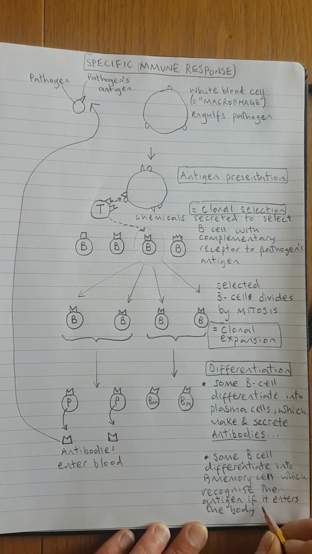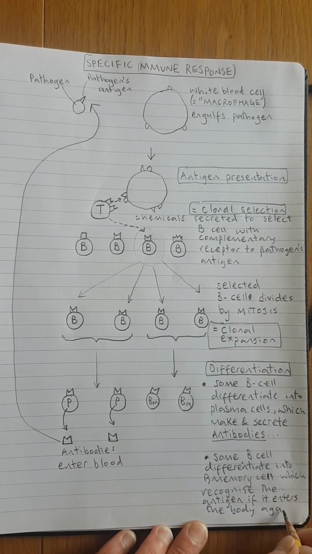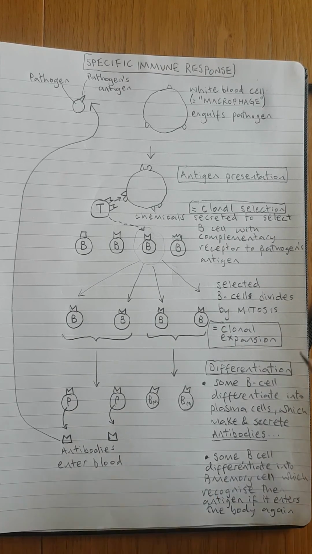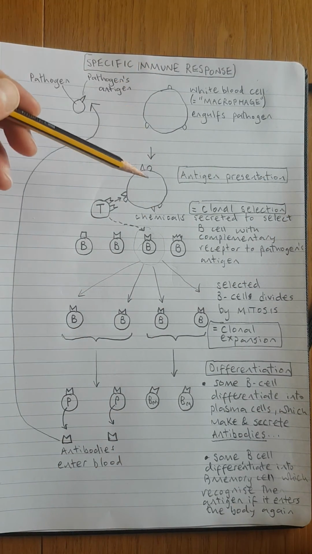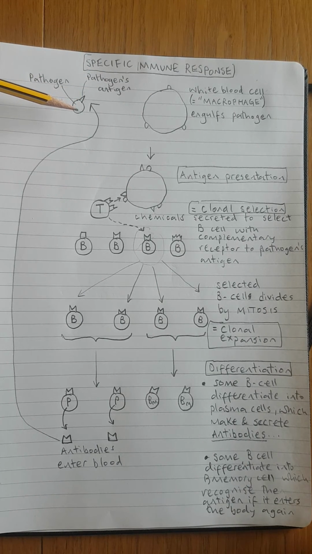Okay, so this is what underlies your immune memory. So let's just go through this again. If you get infected the first time, antigen presentation happens. Meanwhile, this macrophage is only going to be able to engulf so many pathogens.